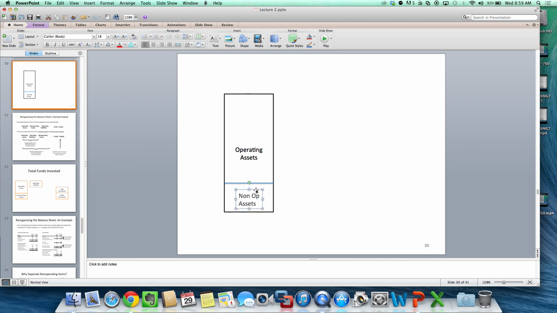So this is the rearranging of the balance sheet that we're going to do. Instead of current assets and long-term assets, we're going to reshuffle the assets into operating assets and non-operating assets.